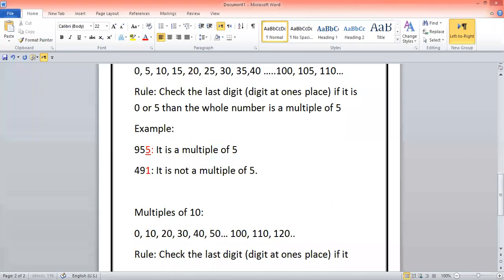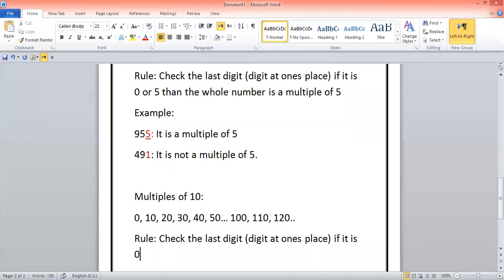If it is 0, then the whole number is a multiple of 10. Check the last digit. If it is 0, then the whole number is a multiple of 10.